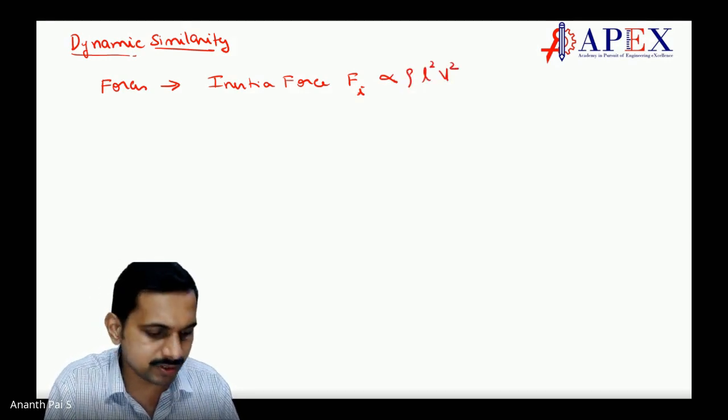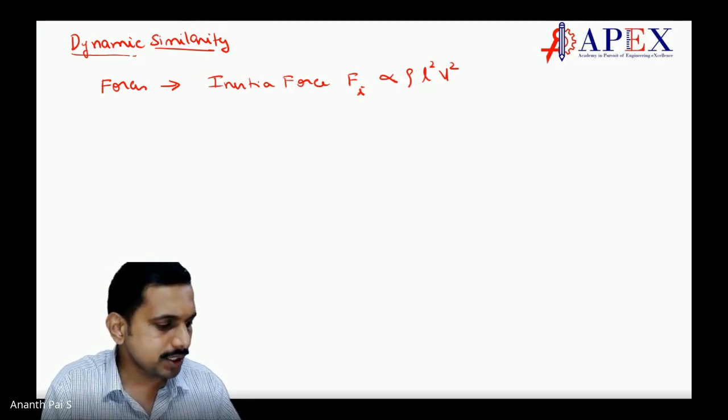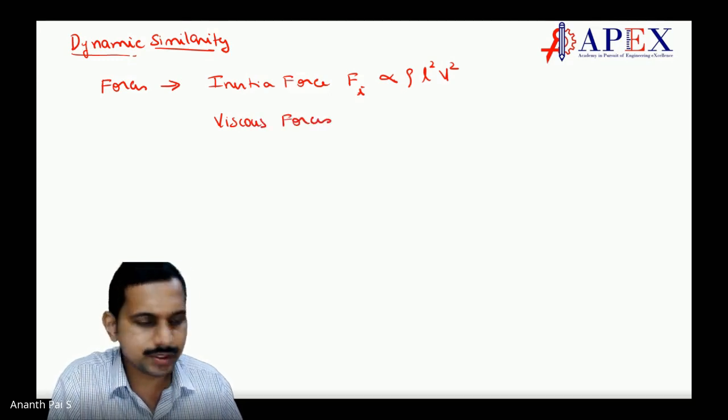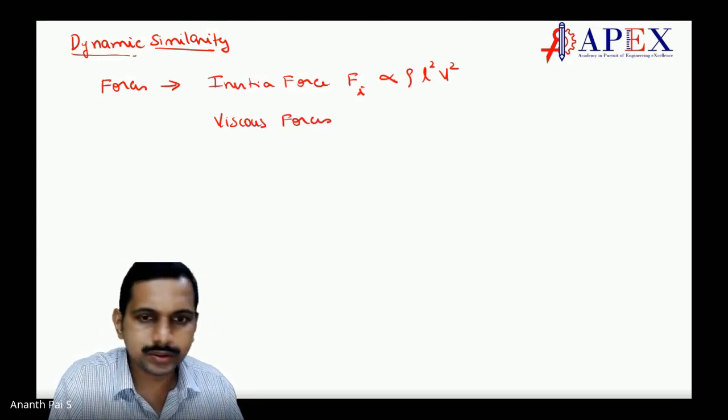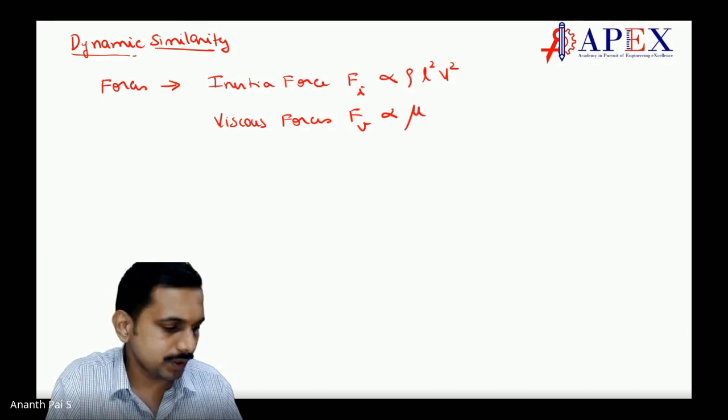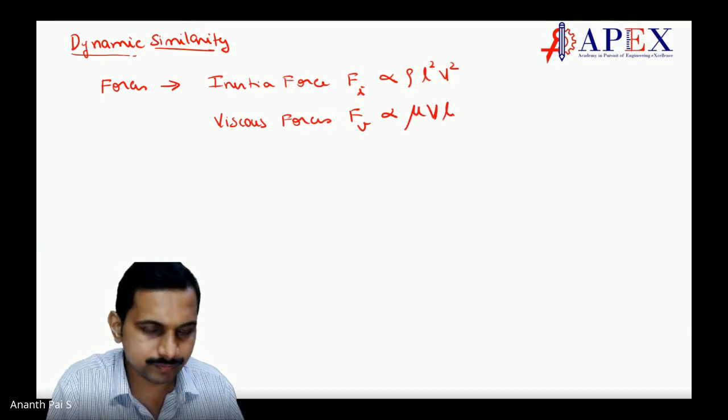We derived this, is it not, students? Next, we went with viscous forces, where we talked about Fv being proportional to mu into velocity into length, correct?